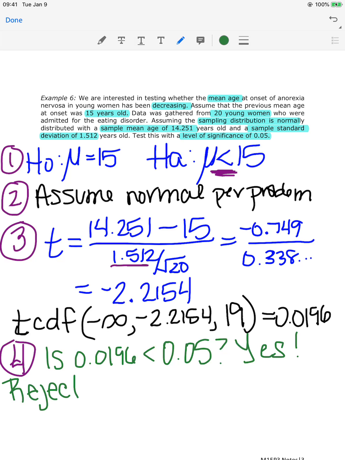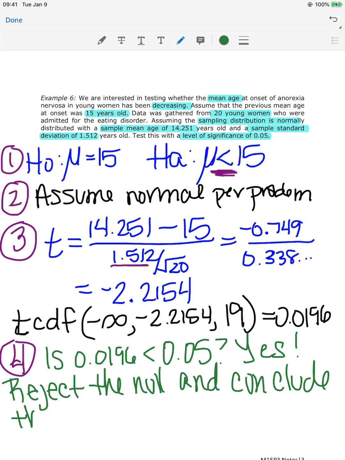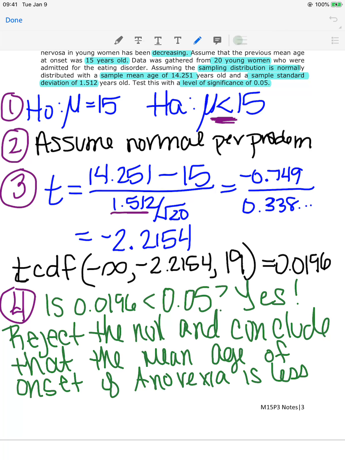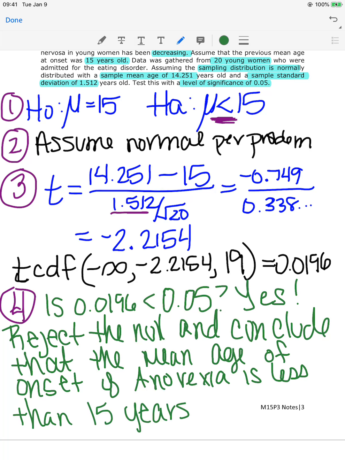So reject the null and conclude that the mean age of onset of anorexia is less than, let me move the screen down, 15 years old. So that is your conclusion and your interpretation.